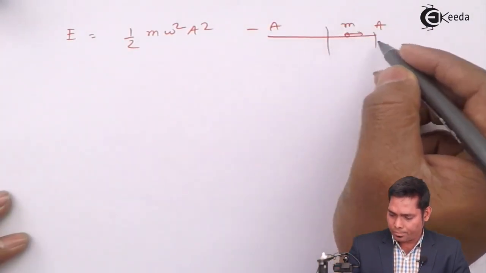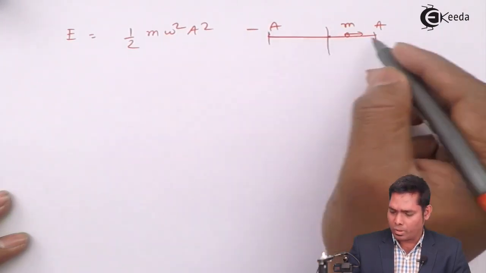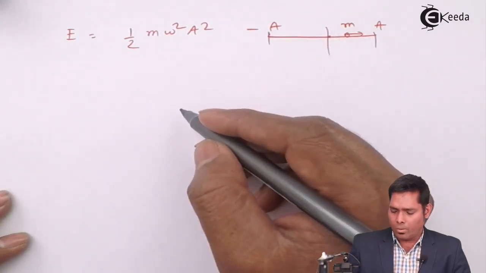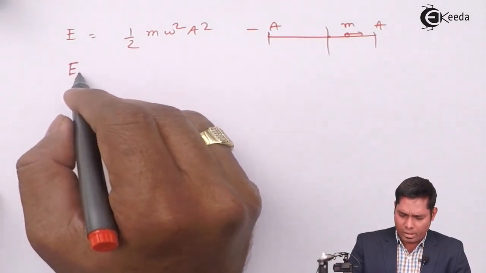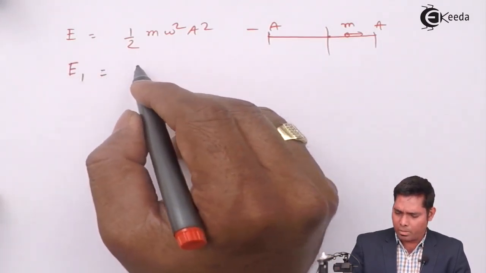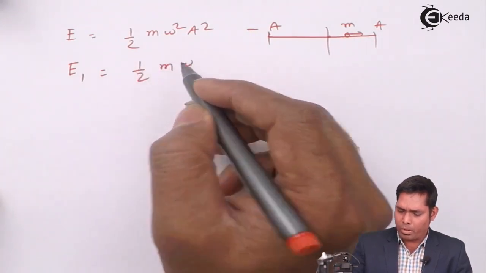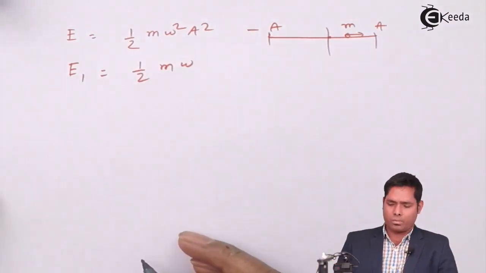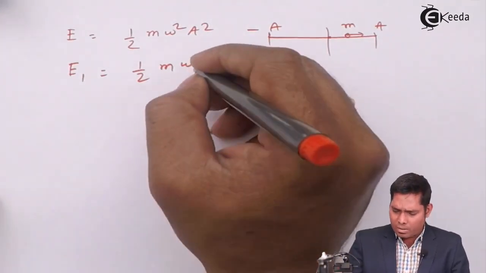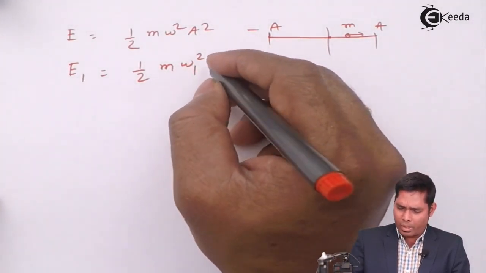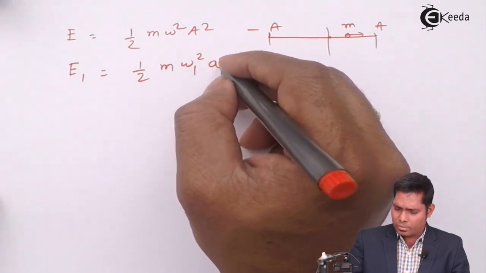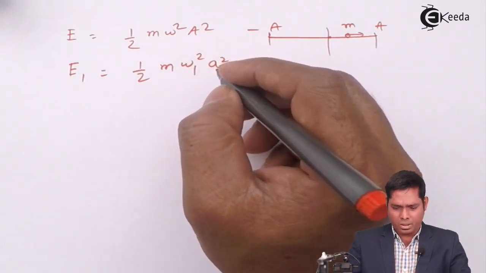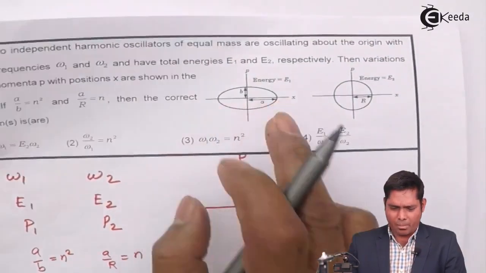This is the mass, this is the origin, these are the two extremes. Now in this situation I want E1 and E2. E1 will be how much? E1 will be half m, because masses are same as given in the question, omega 1 square and amplitude a square, that I have to write, because this is having amplitude a.